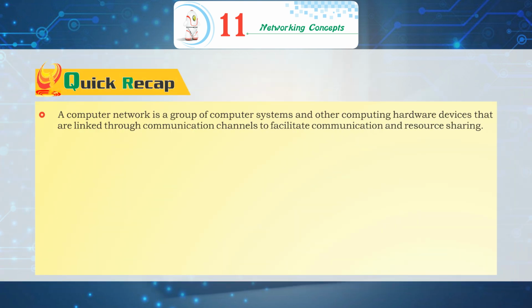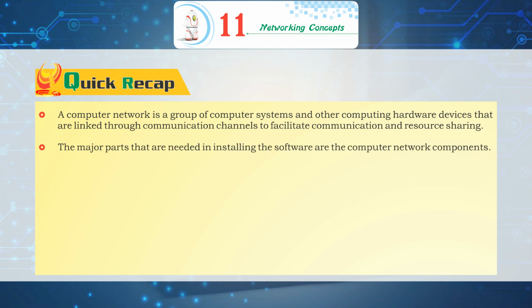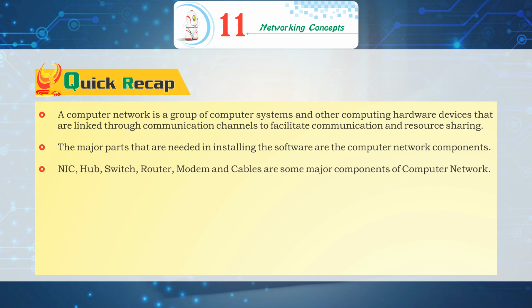Quick recap. A computer network is a group of computer systems and other computing hardware devices that are linked through communication channels to facilitate communication and resource sharing. The major parts needed in installing the network are the computer network components. NIC, hub, switch, router, modem and cables are some major components of a computer network.